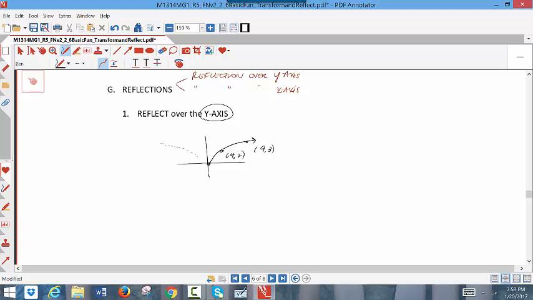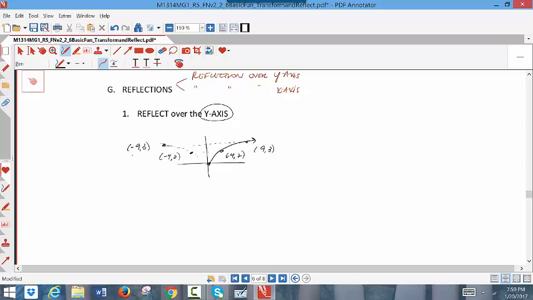So in other words, the point 4, 2 would reflect over to the point negative 4, 2. And the point 9, 3 would reflect over and become the point negative 9, 3 over in quadrant 2.